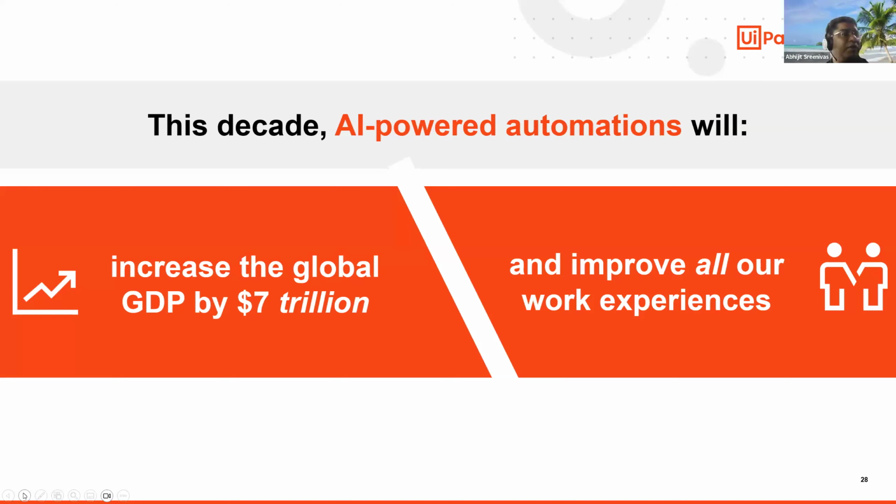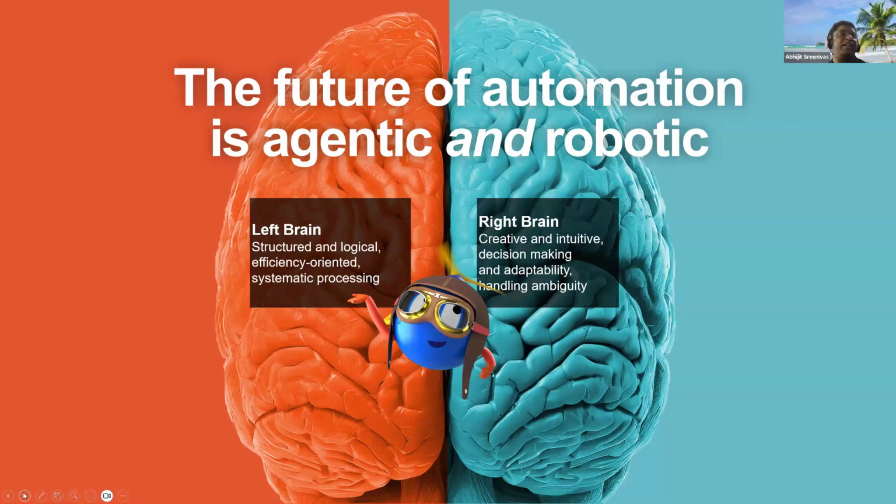And at UiPath, this is the focus which we have, called agentic automation. We strongly believe that the future of automation is going to be agentic and robotic. So there is a blend of two essential aspects, one is the agentic and one is the robotic, much like the two sides of our human brain.